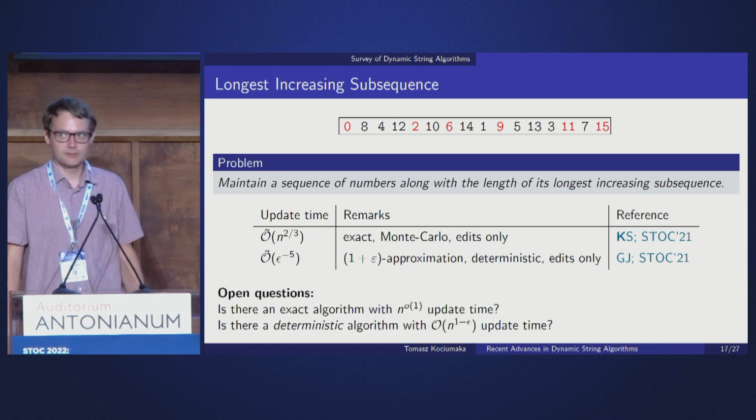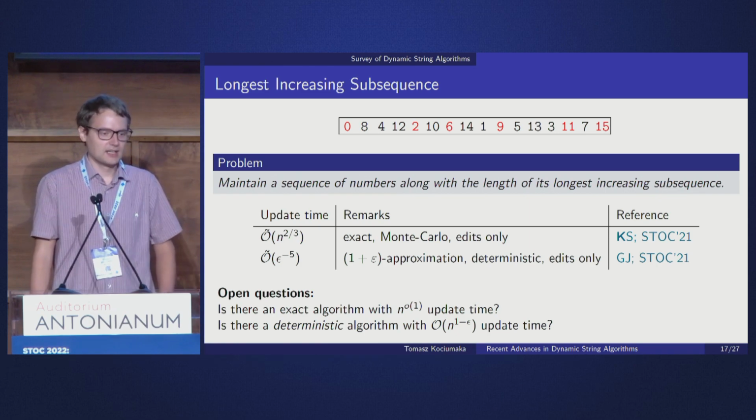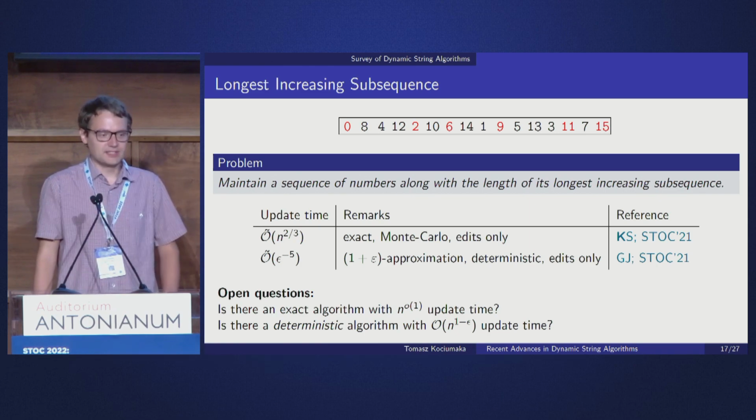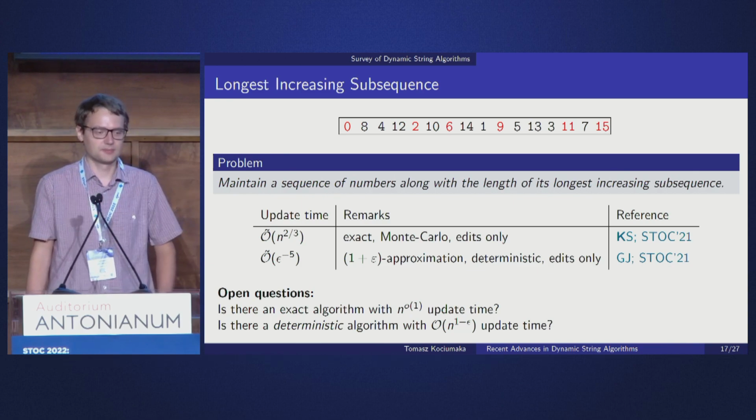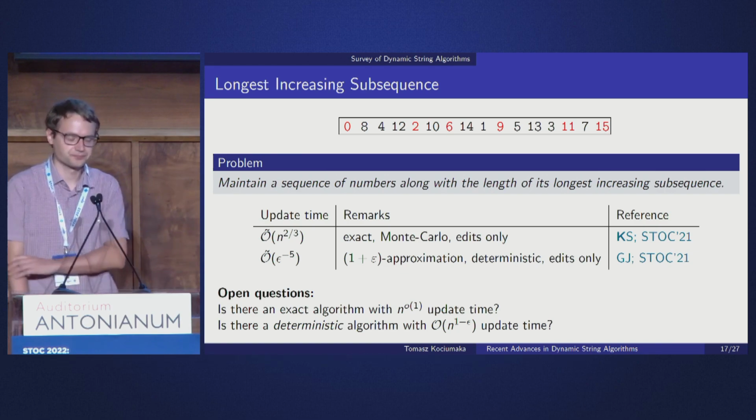However, for this problem, we don't even have any reasonable lower bounds for the exact scenario. So hypothetically, it's possible that there is a polylogarithmic time exact solution, and we just don't know it yet. Also, the sublinear time exact solution is Monte Carlo randomized, and it's not clear how to achieve anything sublinear using deterministic or even Las Vegas randomized algorithms.